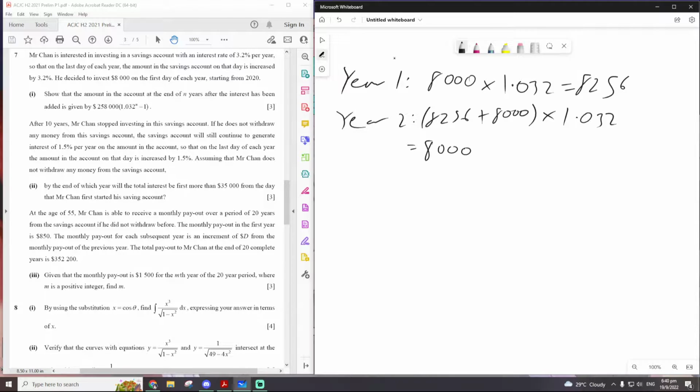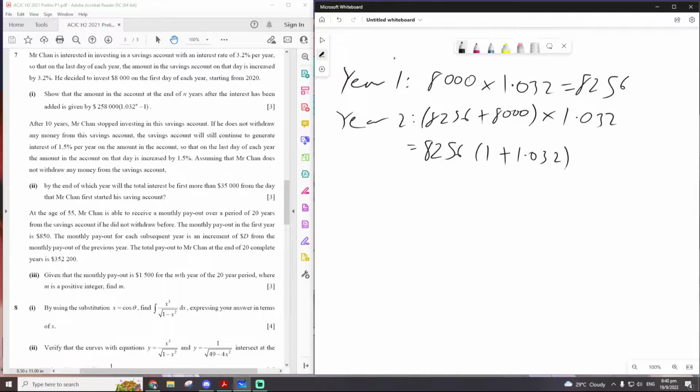So I can write this as 8,000 times... actually no, 8256 times (1 plus 1.032), because the idea here is that this will become 8256.